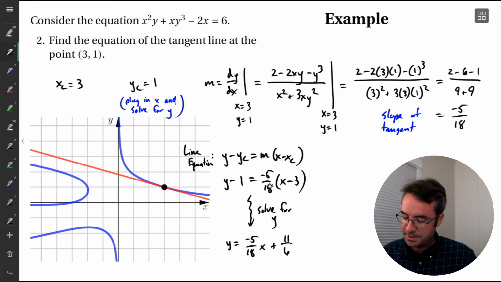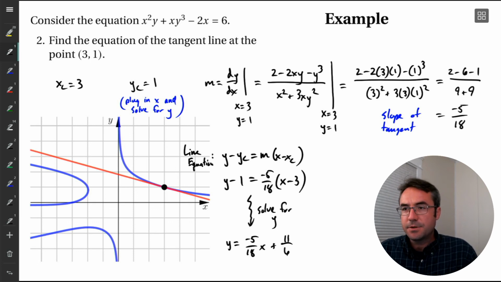Make sure I did that right. We'd end up with plus 15 over 18 and plus 1. Yeah, okay. All right, so there's our tangent line.